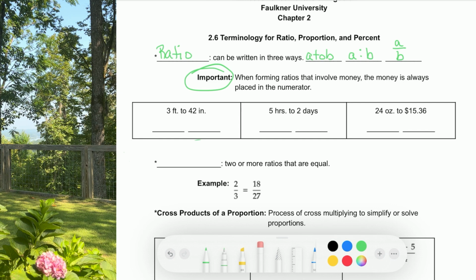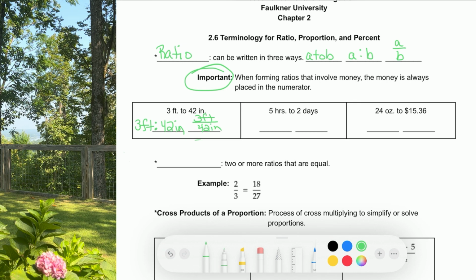So let's look at this first one and let's practice writing these out. They gave us the version with the word "to" in between. So we're gonna write it in the other two versions. We have 3 feet : 42 inches. The second way would be 3 feet over 42 inches.